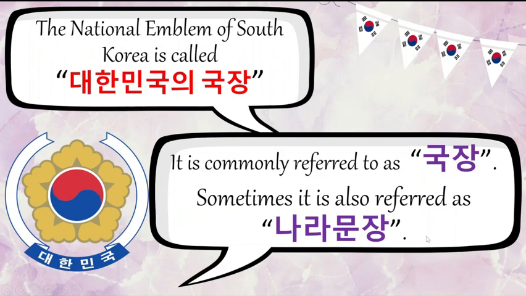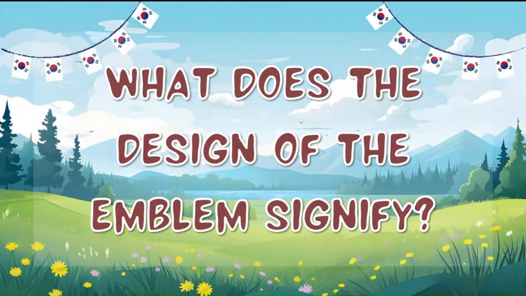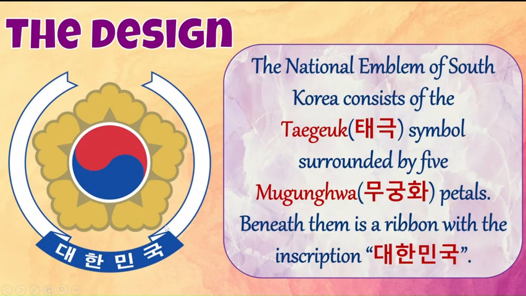Okay? Now, let's move ahead and see what the design of the emblem signifies. Because it is a national symbol, definitely it has some meaning behind its design. It is designed in such a way that it holds a significant meaning in itself. So first of all, let's talk about the design of this symbol. The national emblem of South Korea consists of the taeguk symbol.